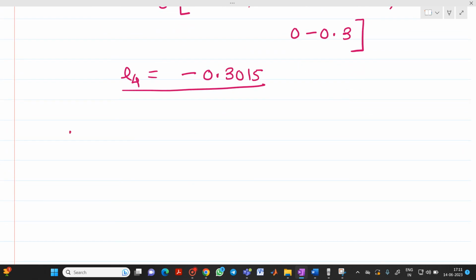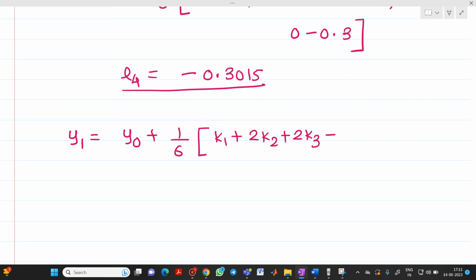Now the last step is we have to find y1, which is equal to y0 plus 1 by 6 into bracket k1 plus 2k2 plus 2k3 plus k4. Already we have calculated k1, k2, k3, k4. We know the value of y0.